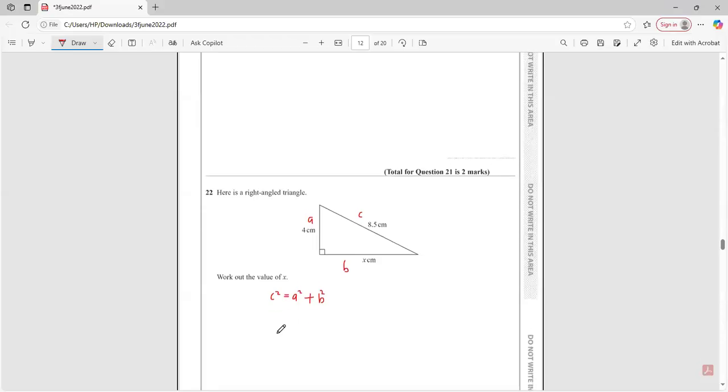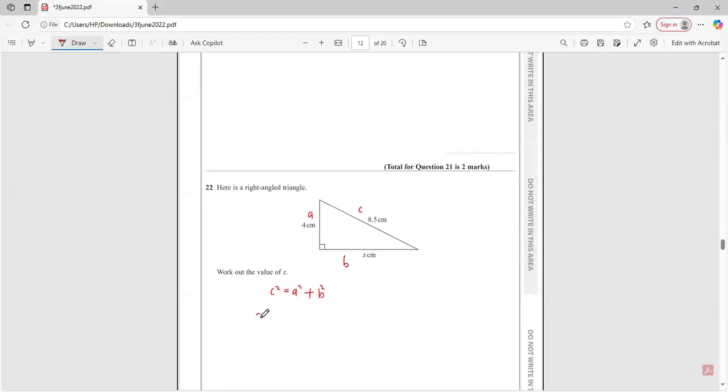So in this case, I think that would mean 8.5 squared is equal to 4 squared plus x squared. In this case, that's our b, x squared. And we're supposed to find x. So to make x the subject of the formula, we'll take this 4 squared to the left-hand side.